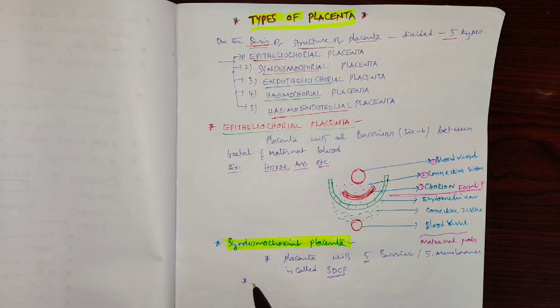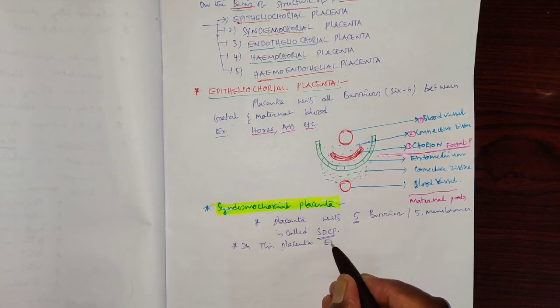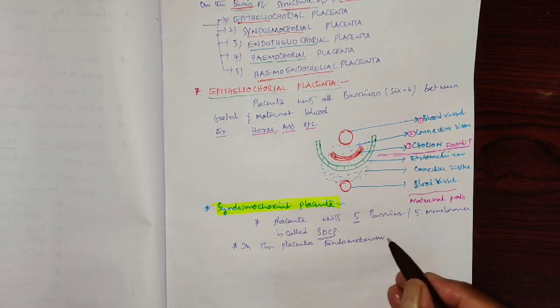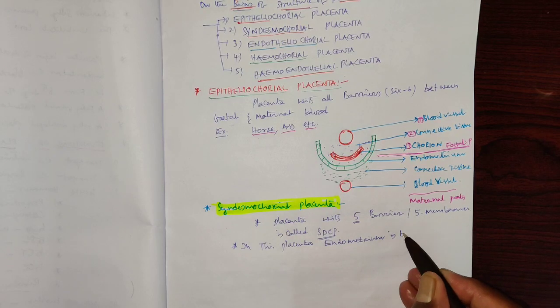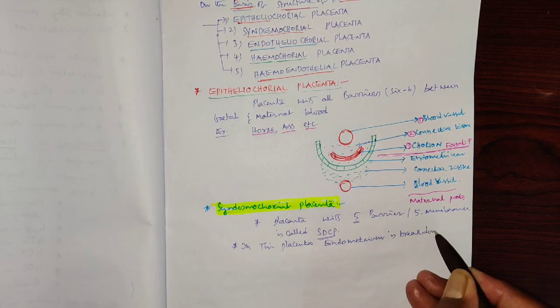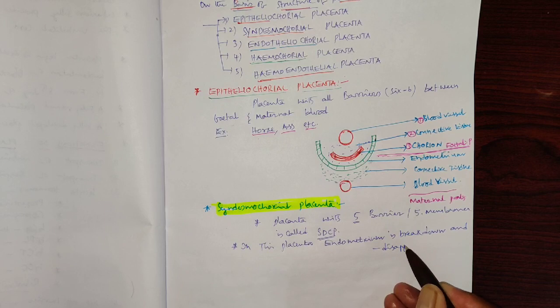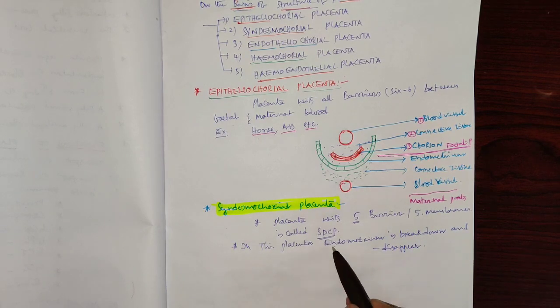In this placenta, the endometrium breaks down and disappears. Endometrium is the part belonging to maternal.